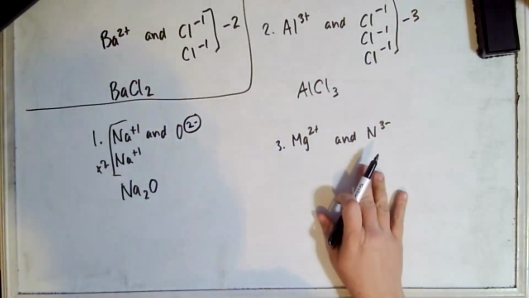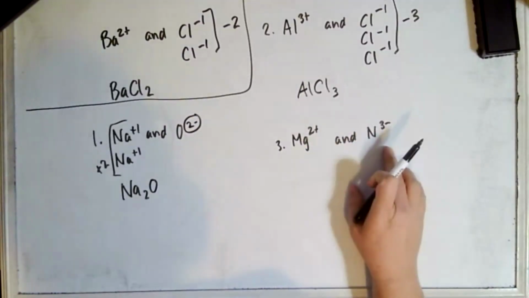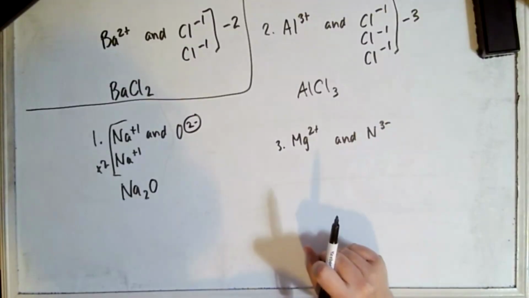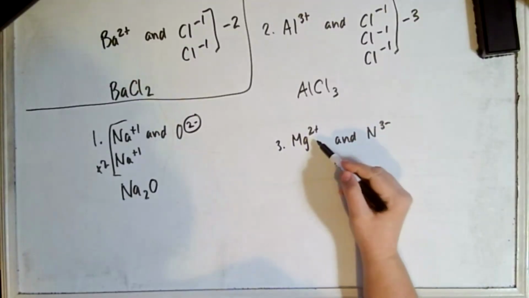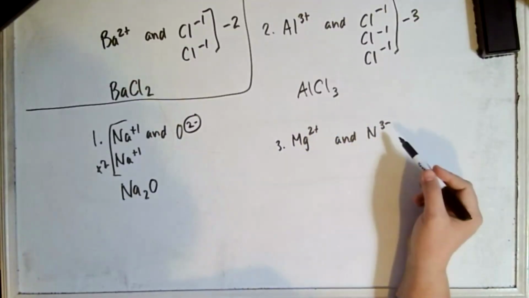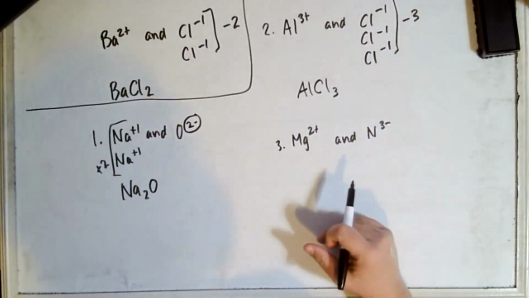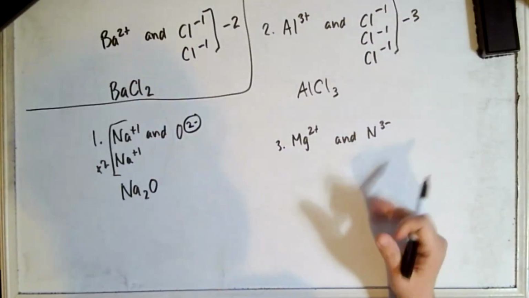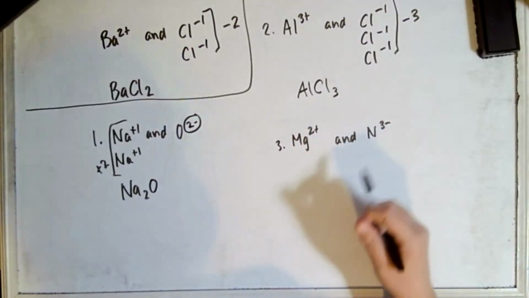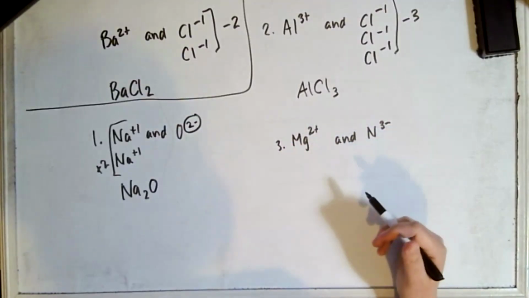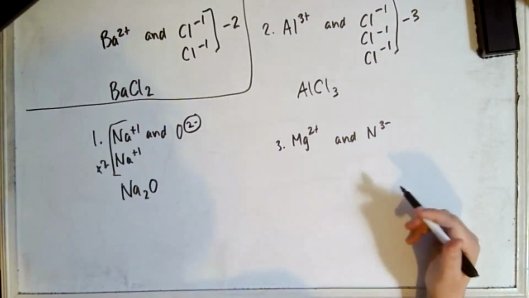For the last one, this one's a little bit tougher because we're going to have to make changes to the numbers of both ions that are present. To get +2 and -3 to a common number, we're going to have to find the least common multiple between the two of them. And for the numbers 2 and 3, that least common multiple is going to be the number 6.